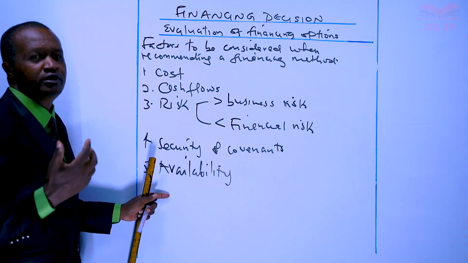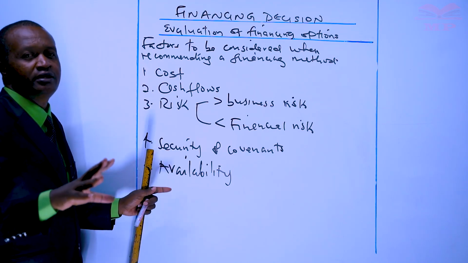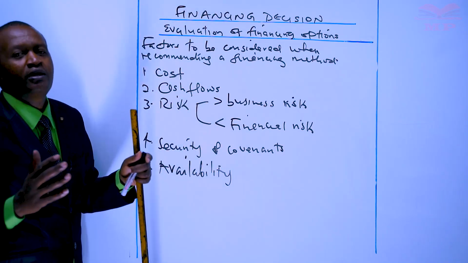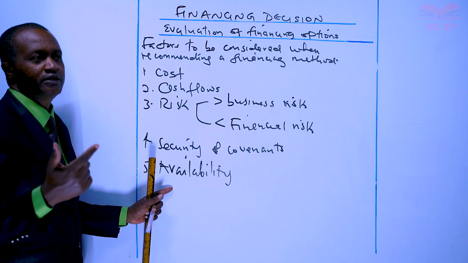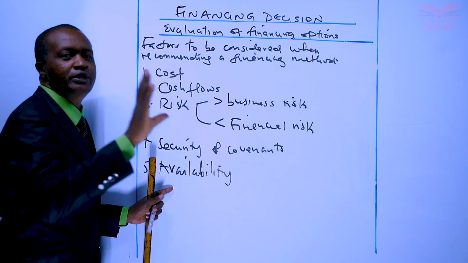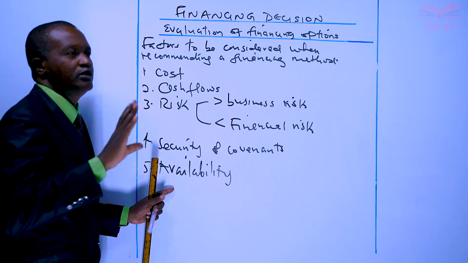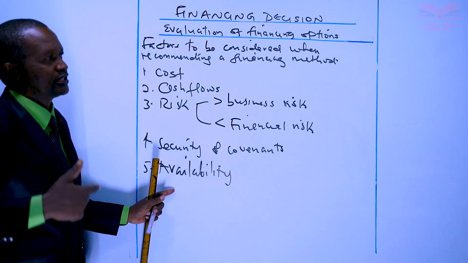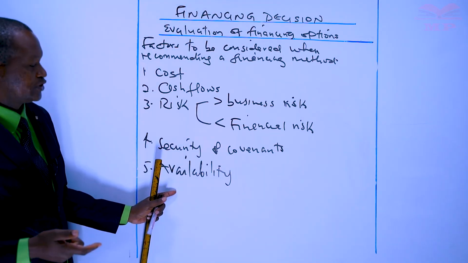For example, a small or a medium-sized company requires more equity. All right? It requires what? More equity. So it's important to suggest potential sources such as the venture capitalists or the business angels and so on.